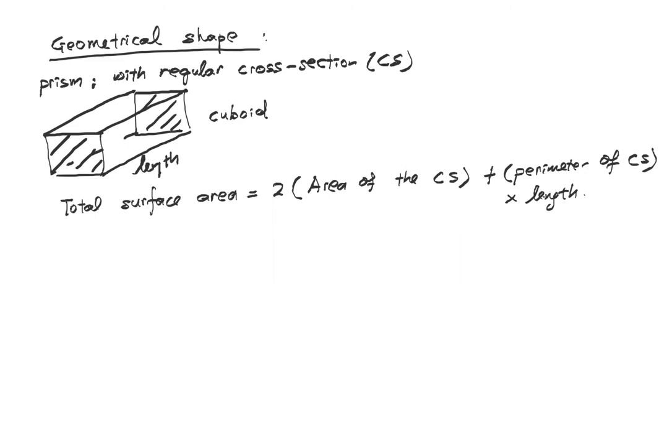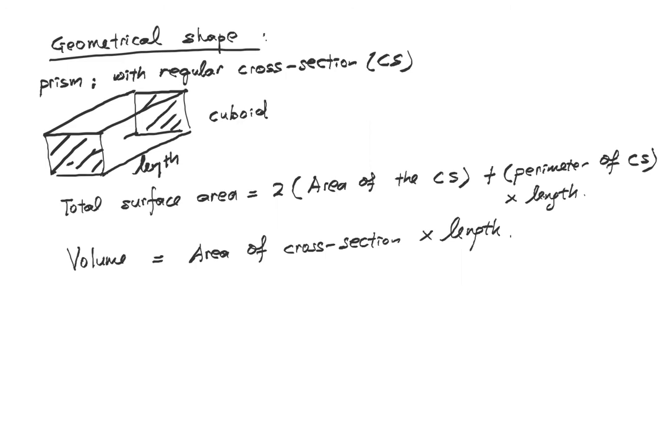So the volume will be equal to area of cross section times length.